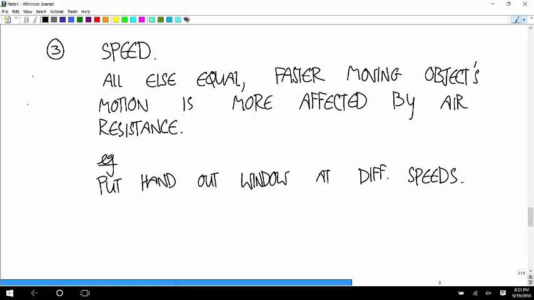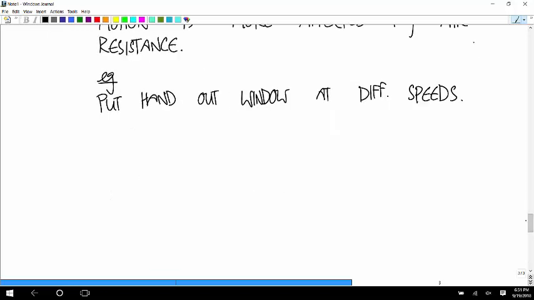Okay, so all of the free fall calculations that we're going to do assume that air resistance is negligible.